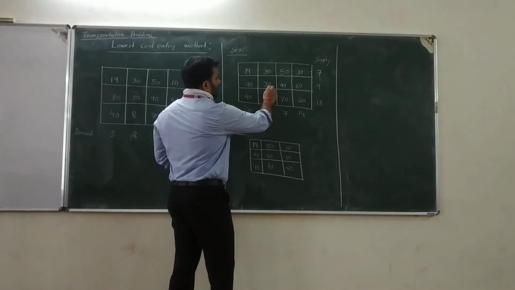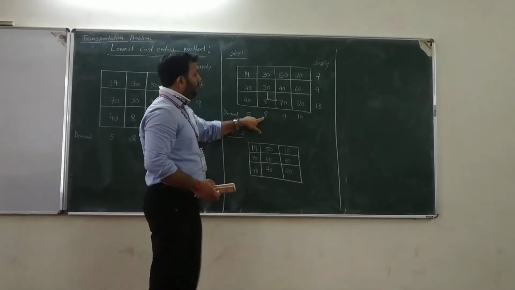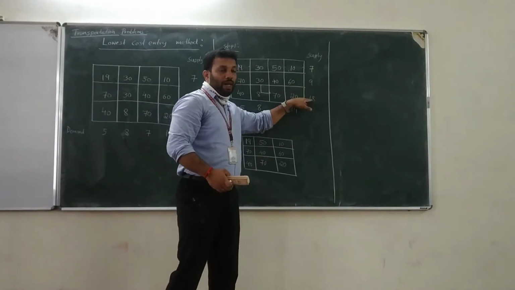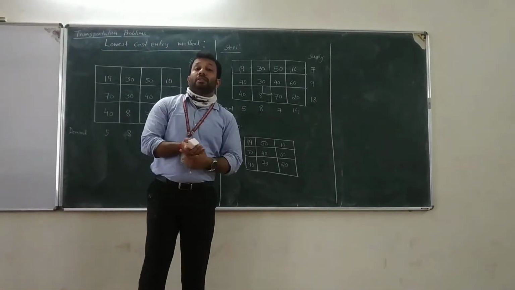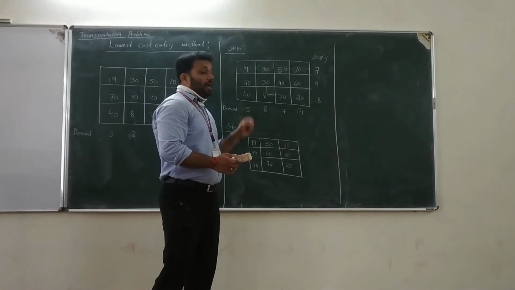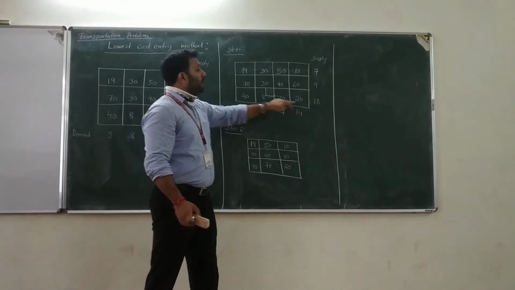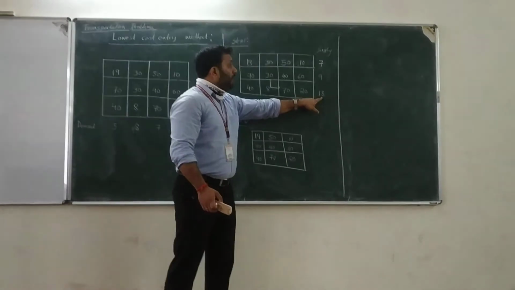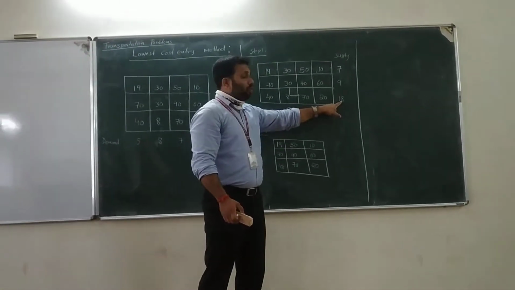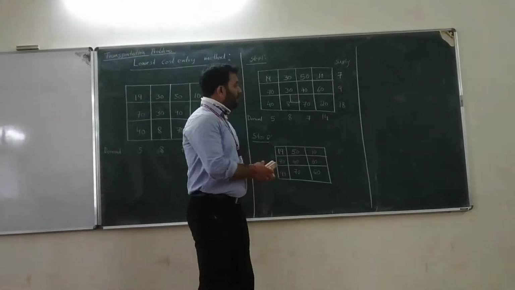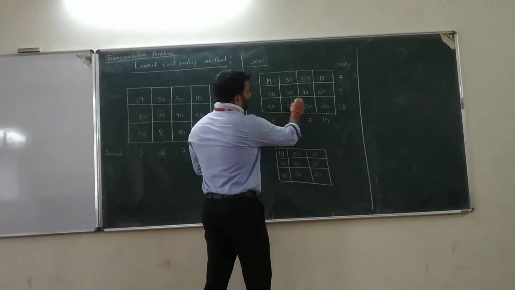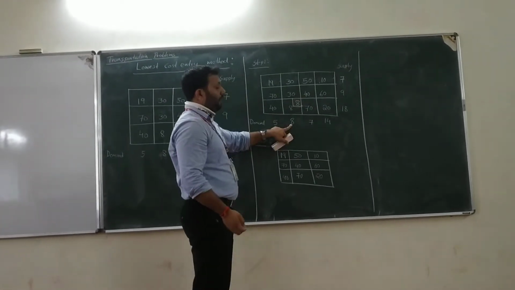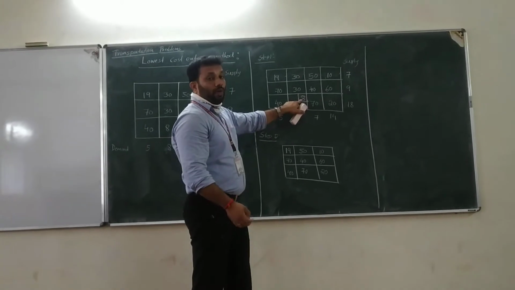Just allocate whichever number is minimum between the supply and the demand. Here the demand is 8, so out of 18 I have used 8 units. That is why I am writing 8, allocating 8 to this particular position.